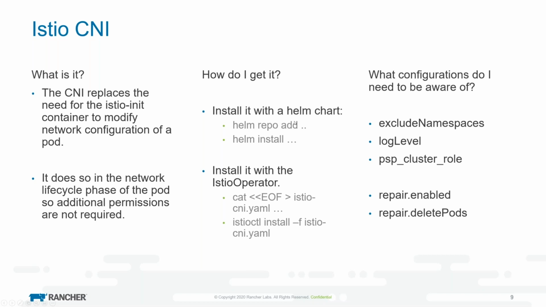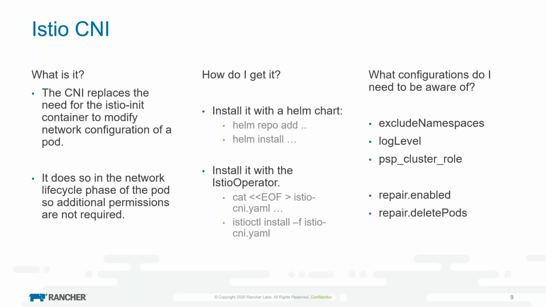How do I get it? There are two main ways that you can get it. You can install it with a Helm chart, following the same practice that most Helm charts are installed with, helm repo add and then helm install, or you could install it with the Istio operator. I'll point to the documentation here in a little bit, possibly, but the two steps here being that you're dumping out an istio-cni.yaml file with the configuration, and then you're just doing istioctl install -f istio-cni.yaml.